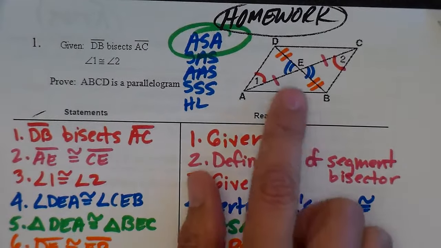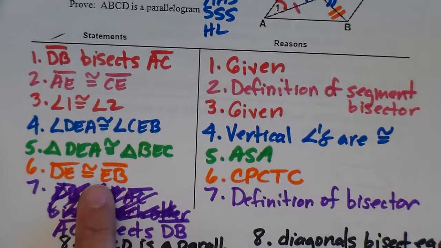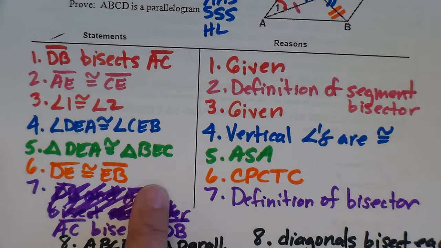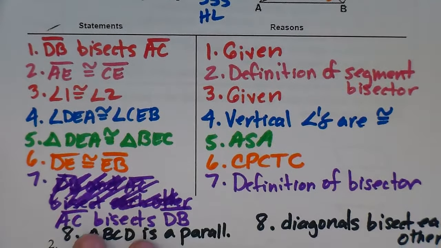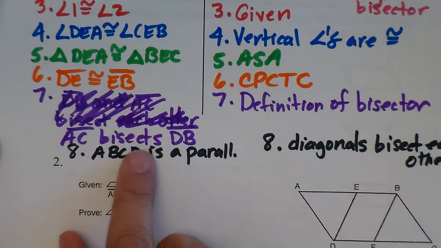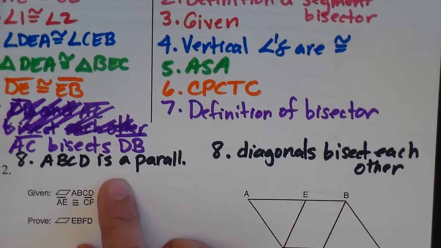Once I knew the triangles were the same, I could establish the other pieces, which gave me DE and EB were congruent. If you wanted to add an extra step, you could say that E is the midpoint of DB, but I'm not going to do that. So now you know AC bisects DB, and by the definition of bisector, you can say it's a parallelogram because the diagonals bisect each other.